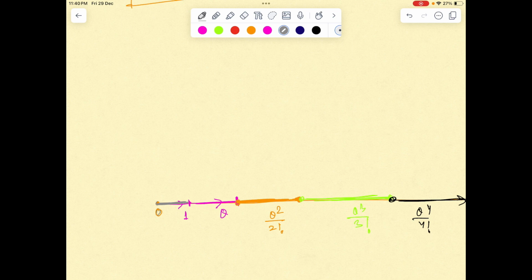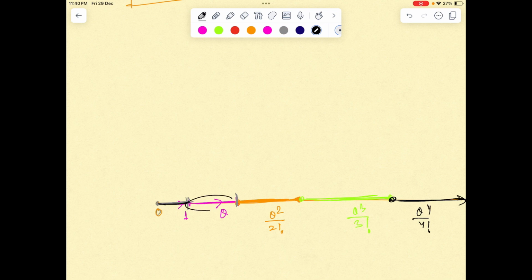So what the Taylor series expansion is telling you is 1 plus i theta. You can clearly see I've taken a number line where I have marked 1, and this gap is theta square by 2 factorial, theta cube by 3 factorial, and theta 4 by 4 factorial. I've used different colors to mark different distances, in fact.